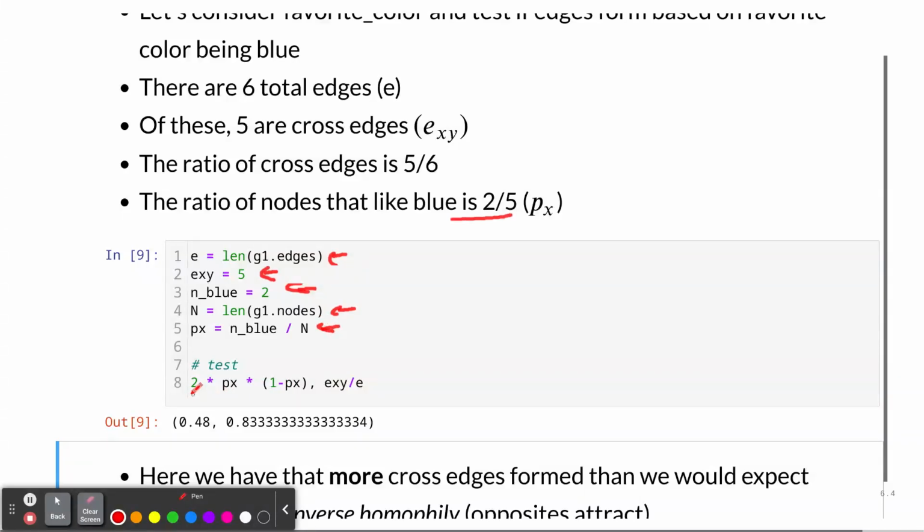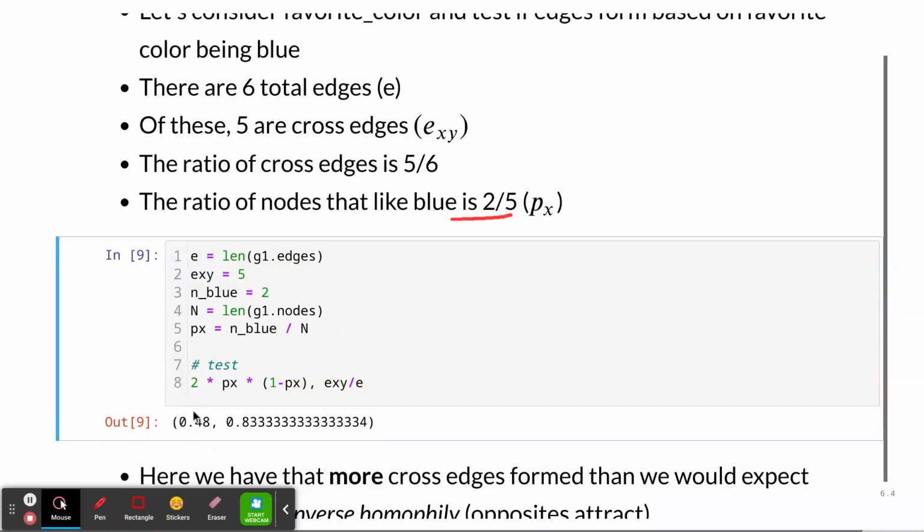And finally, we'll do our test: 2 times px times 1 minus px, and then EXY over E. What we'll see is that the 2 times px times 1 minus px term is equal to 0.48, which is equal to 2 times 0.4 times 0.6. And then we have here 5/6, or 0.833.